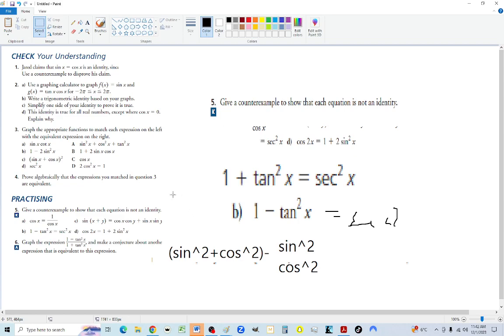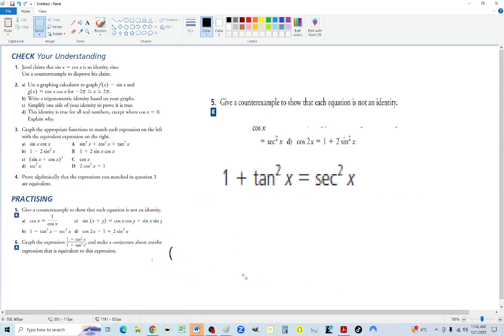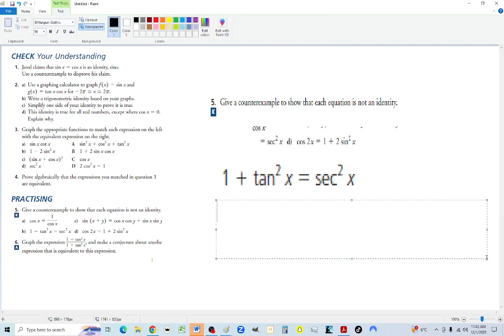Let's prove the one that can be proven. Why is this true? Well, tan squared is sine squared over cos squared. Secant squared is 1 over cosine squared. If we multiply both sides by cos squared, it disappears on the right.